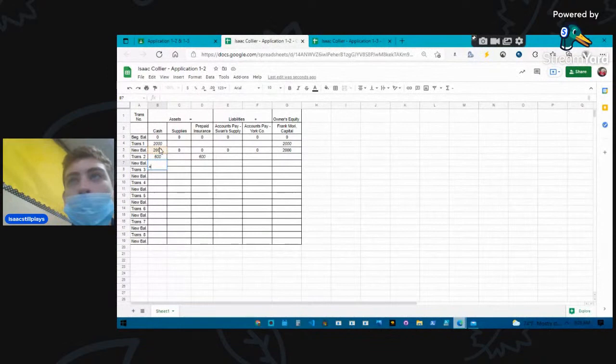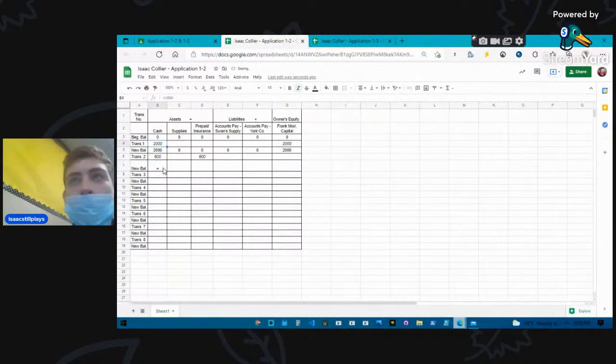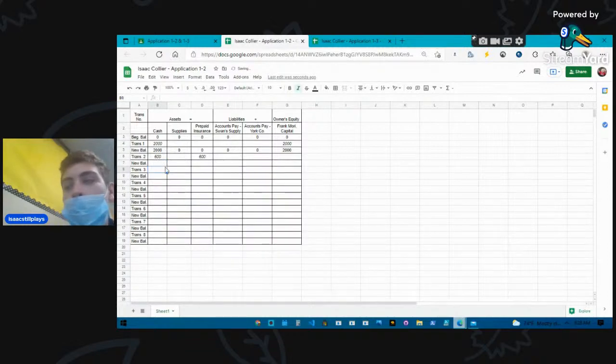I just put my mouse on it and I clicked it. Then I subtracted because I'm paying cash. Had I been adding cash, I'd have just put a plus there. Would have done the same thing. And when I press equals, it does the formula for me. Any questions?